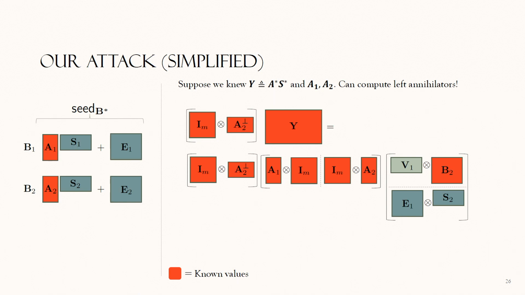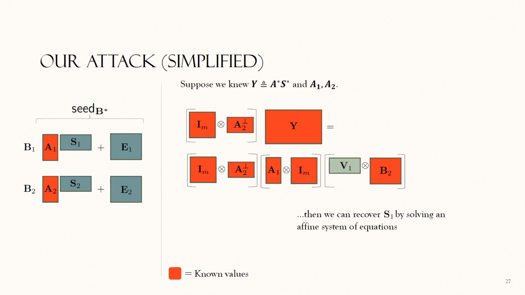So when I expand this block matrix multiplication, I get the following equation. I just get some known values equal to some linear, basically an affine system of equations in the unknowns, which are S1. And we can recover S1 just by directly solving an affine system of equations. So this is how you would recover, for example, S1.